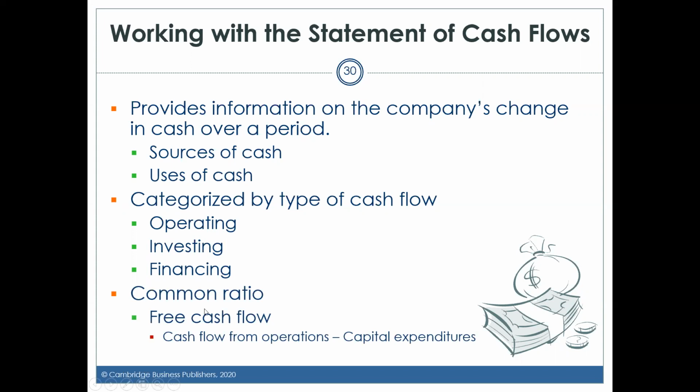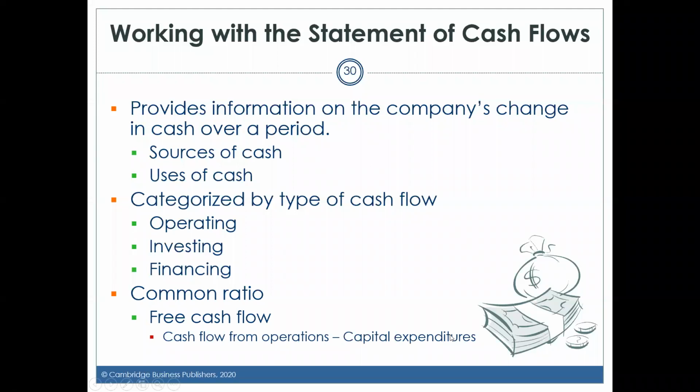And so the ratio that we can use to help analyze a company's solvency from the statement of cash flows, it's not a ratio, it's a difference. We take the cash flow from operations, so the net number from this first category, and we subtract our capital expenditures. And this gives us our free cash flow.